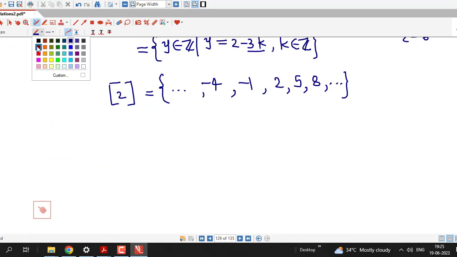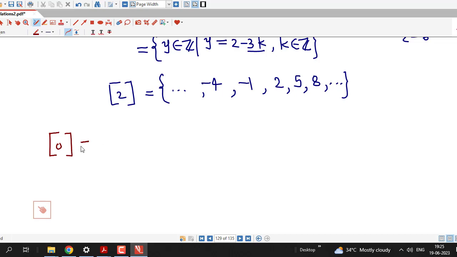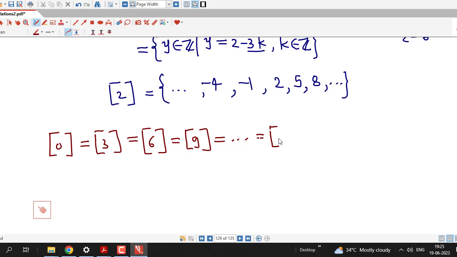I have to write that the equivalence class generated by 0 is equal to the equivalence class generated by 3, then 6, then 9 and so on, and I have to continue for negative integers also: minus 3, then minus 6 and minus 9 and so on, or I can write plus or minus 3, plus or minus 6 in that way.